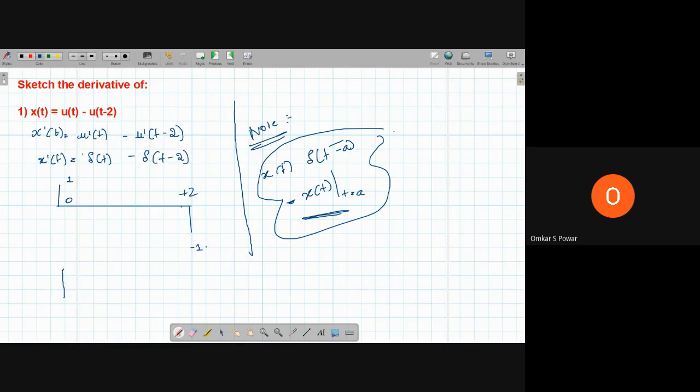If you plot this x of t at 0, 1 and 2, this is 1, and this is 1, and this is minus 1. If you take the derivative of this, you'll get the impulse function. So the plot of x of t equal to u of t minus u of t minus 2 is a unit step function, and if you take the derivative, you are getting an impulse function.